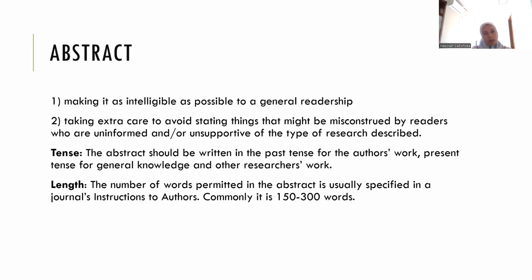So length, the number of words in the abstract depends on the journal you want to publish in. So that's why it's better to read the instructions to authors. Mostly it's about 150 to 300 words.